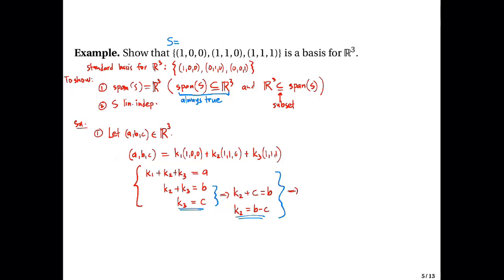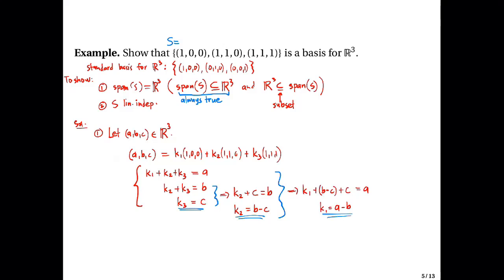So you will have k1 plus your k2, which is b minus c, plus your k3, which is c, and then that is equal to a. Notice you can simplify this: minus c plus c cancels out. This tells us that your k1 must be equal to a minus b. So what does this mean?